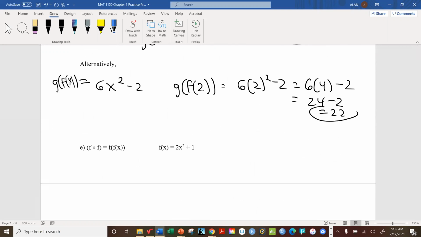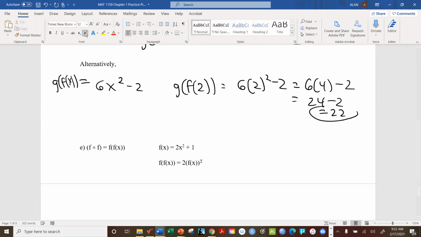So f of f of x means 2 times f of x squared plus 1, which means 2 times 2x squared plus 1, squared, plus 1.